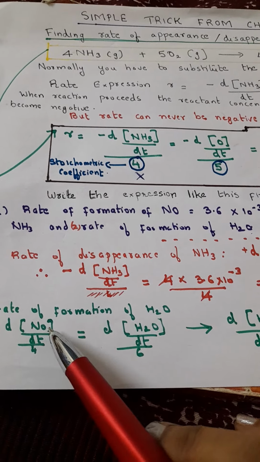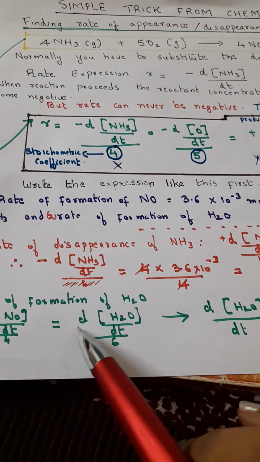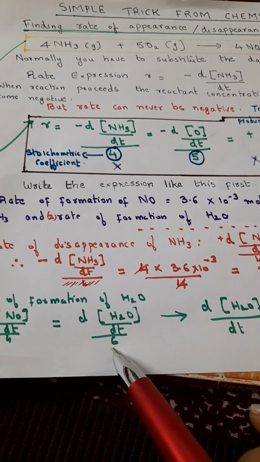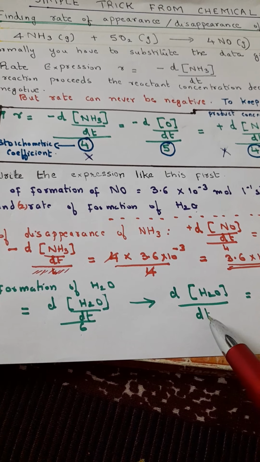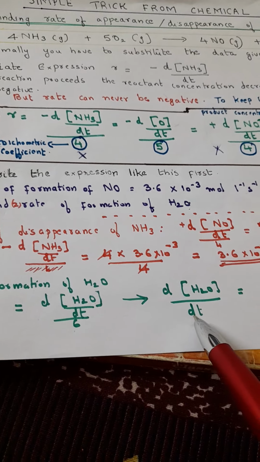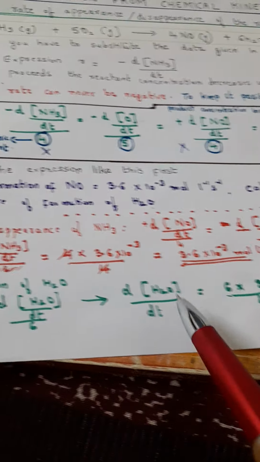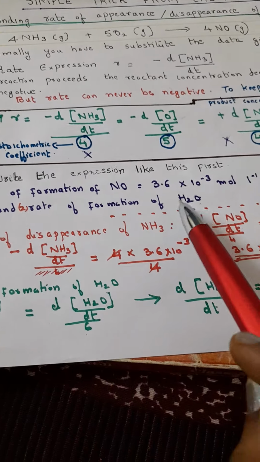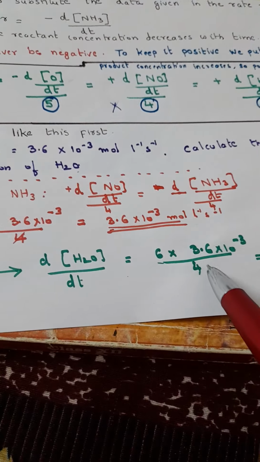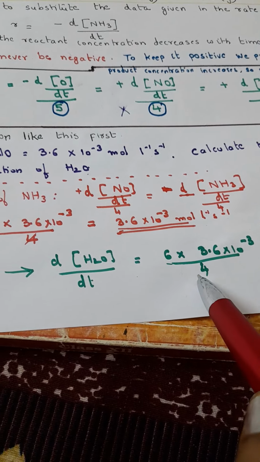Again, write d by dt of NO the whole by 4 is equal to d of H2O by dt by 6. Okay, now we are supposed to find out d by dt of H2O or dH2O by dt, which is equal to, multiply this by 6. 6 into the value of this is given in the question. Look here, just substitute 3.6 into 10 raised to minus 3 the whole divided by 4.